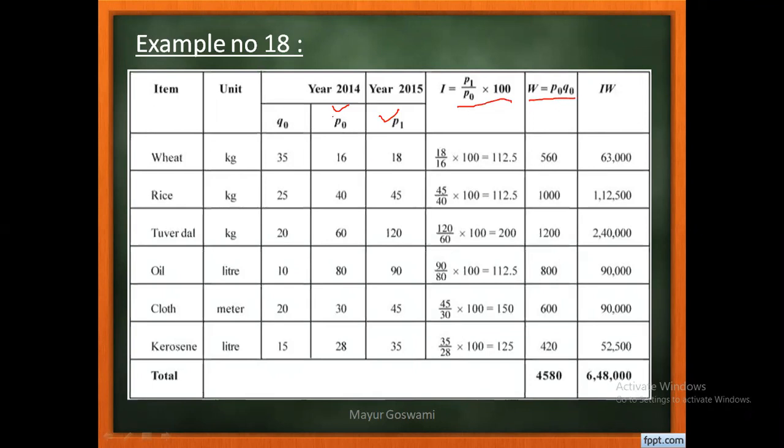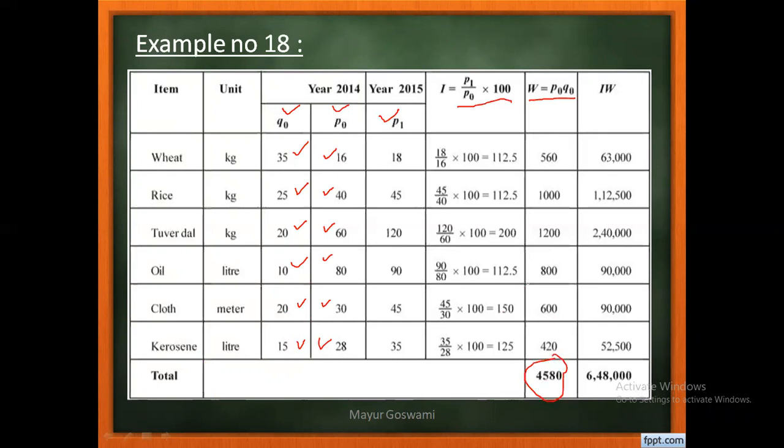So this is your P0 and this is your Q0. 35 into 16, 560. 25 into 40, 1000. 20 into 60, 1200. 10 into 80, 800. 20 into 30, 600, and 15 into 28, 420. The total of this is sigma W.